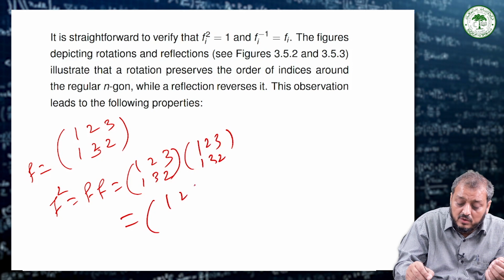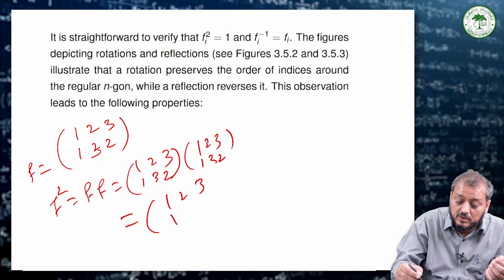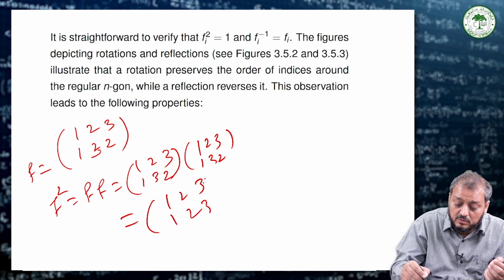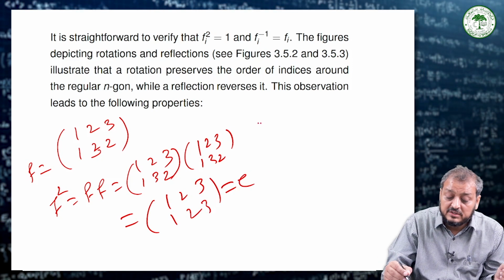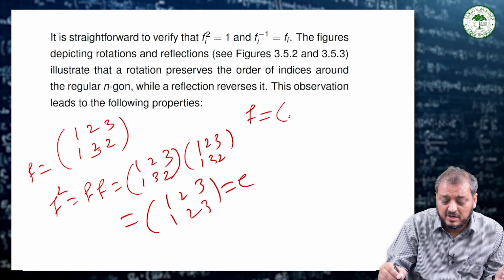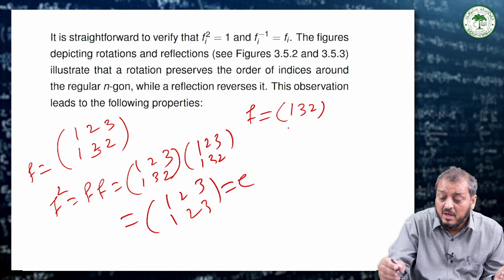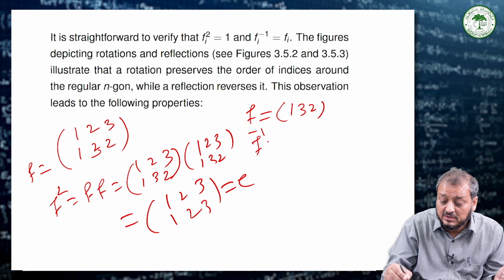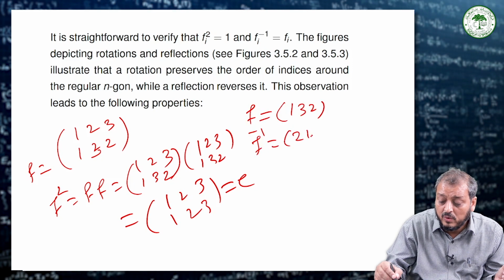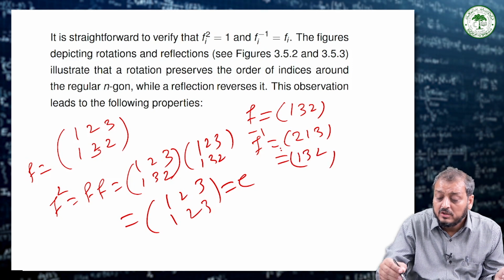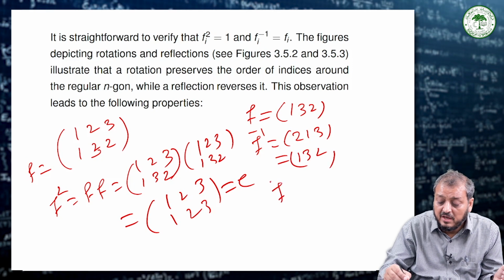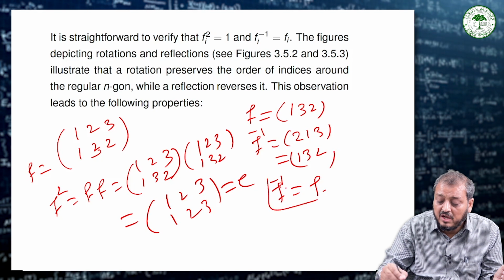So 1 goes to 1, 2 goes to 2, and 3 goes to 3, and we get the identity. In cyclic notation, looking at 1, 3, 2, f inverse can be written as 2, 1, 3, which is the same as 1, 3, 2. So f inverse is the same as f.